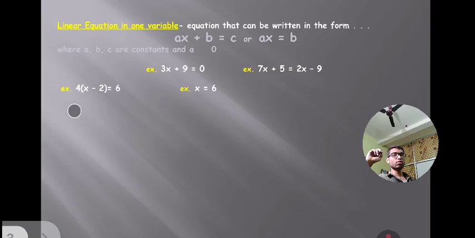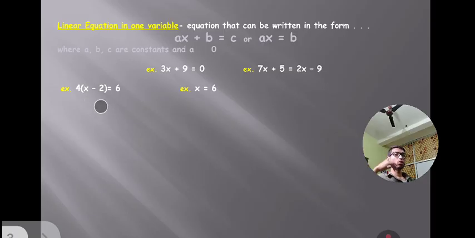Now next we have, here you can see 4. After solving this, you will be able to identify the coefficient, constant, and variable.